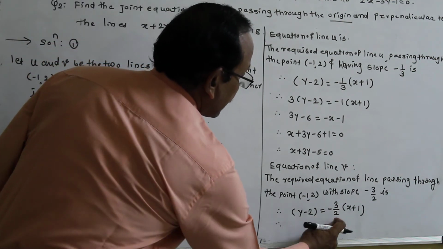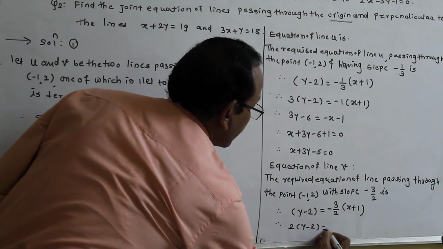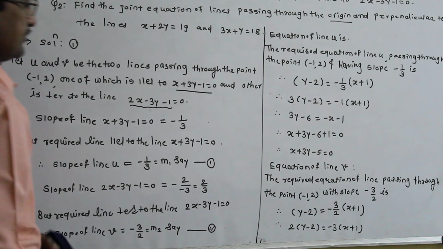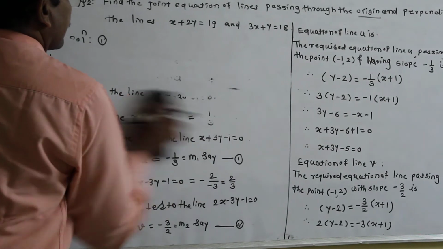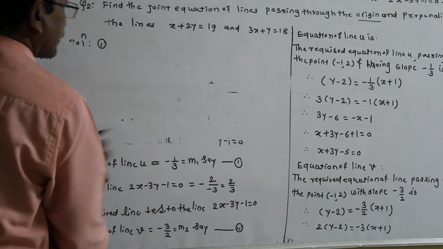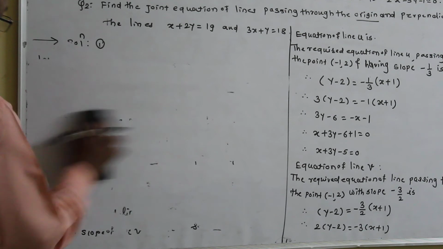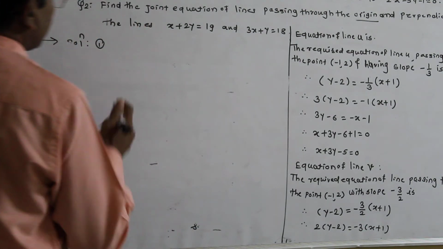Now by cross multiplication it is 2 times (y minus 2) is minus 3 times (x plus 1). Open the bracket.